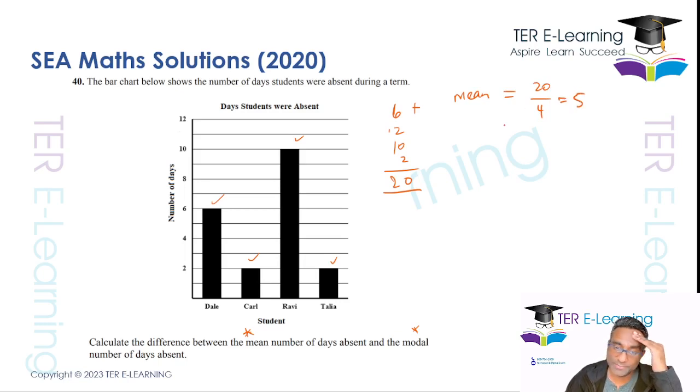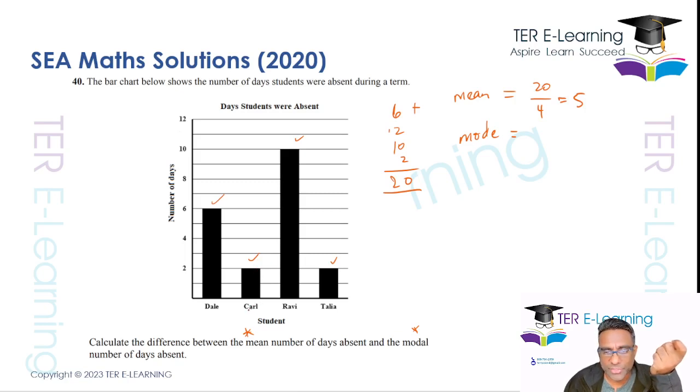So that's the mean. The mode now, right, is the one that had the highest number of days absent, right? So the mode in this case, now some students are going to say the answer is 10, right? But the mode is the one that occurs most frequently.